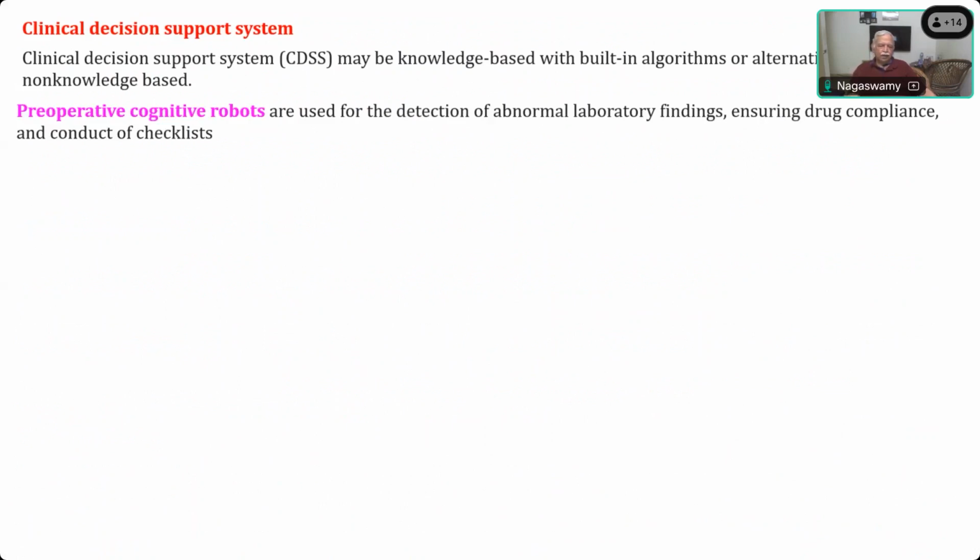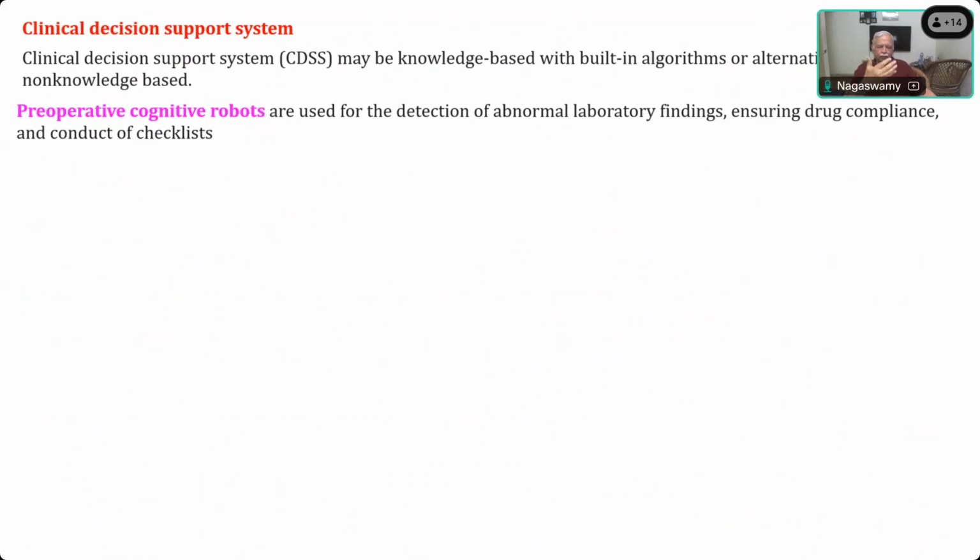Nowadays, many of the labs which give a master health checkup report highlight values which are very high as H, or values which are low as L, or give a different color, so that you don't have to waste time looking at each and every value. You can just pick up all the abnormal values and then advise the patient accordingly.